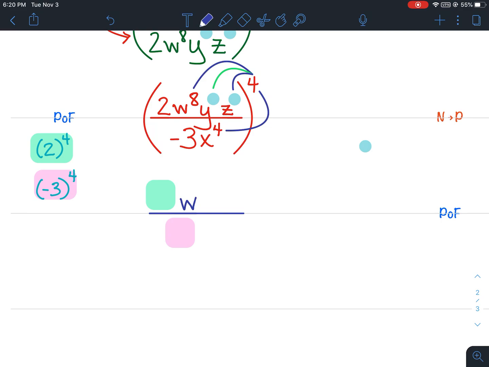I've noticed several people are forgetting to multiply the exponent in the denominator. They do a great job with the exponents in the numerator, but they forget the denominator. Please do not forget that denominator.